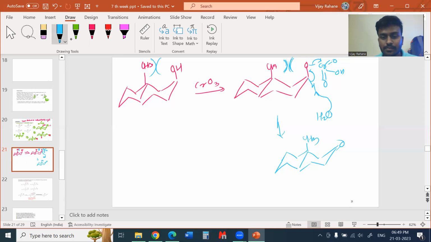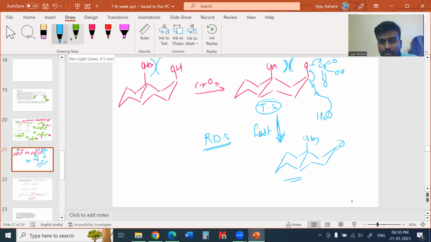So this is converted fast into the product, and this is the rate determining step. This transition state falling into the product is the rate determining step, since it involves the abstraction of this proton and removal of this O-Cr bond. Since it has the steric repulsion in the transition state, it is an unstable transition state, so it gets converted into the product faster.